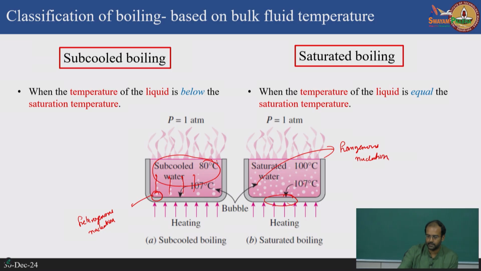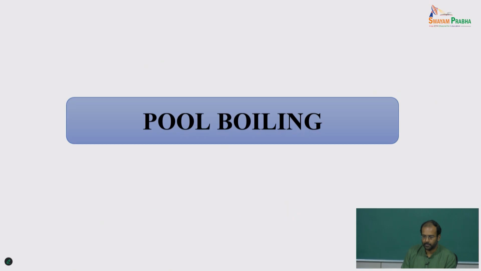So when you have saturated boiling, homogeneous nucleation also can happen. So you will have more vapor pockets everywhere within the fluid. Apart from the nucleation that is happening at the interface, you can also have vapor pockets spread all around your fluid, and you will see to some extent there is more nucleation of vapor pockets also on the liquid side.